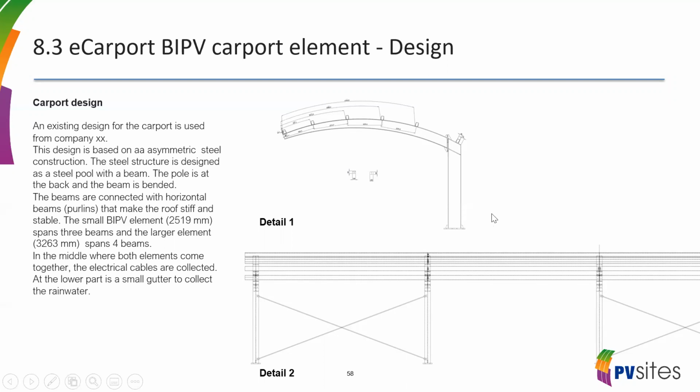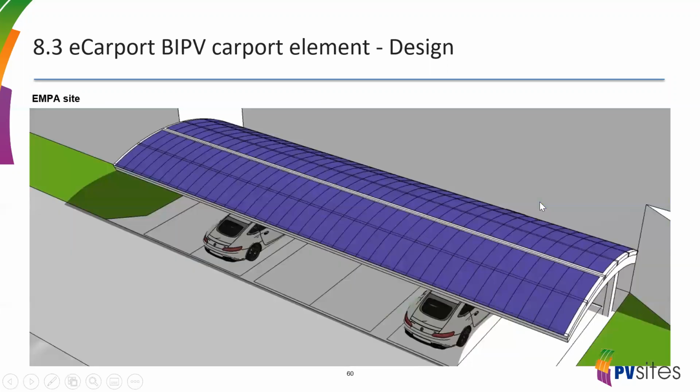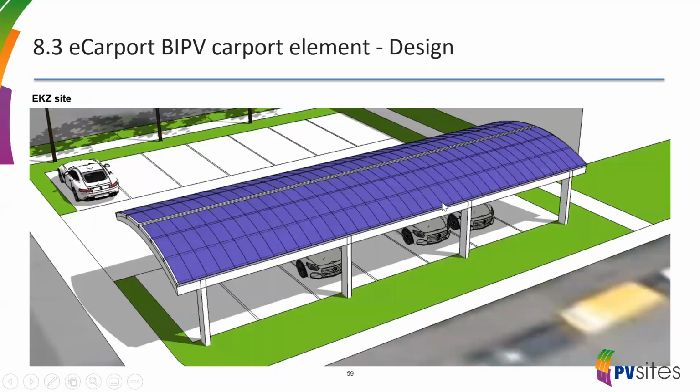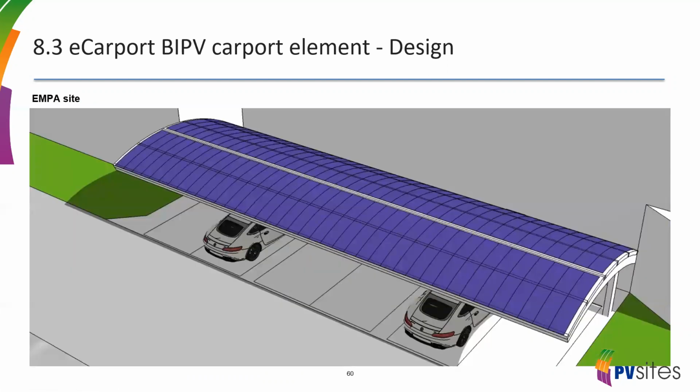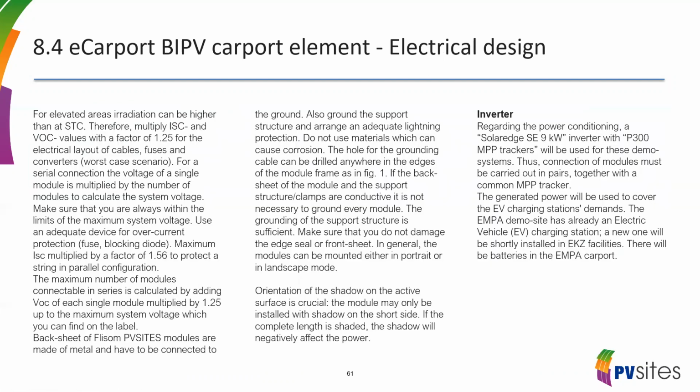There are 2 modules needed to cover this. Can you go to the next one, Pablo? To cover the whole roof. Yeah, just go on one by one. These two are connected first, so from the two modules you make a very long module, and that one is screwed on the structure. And next one.